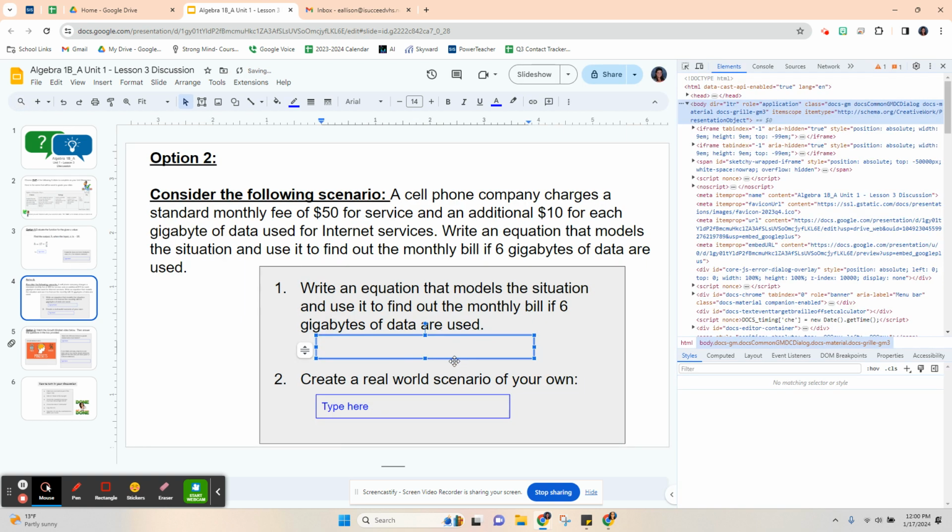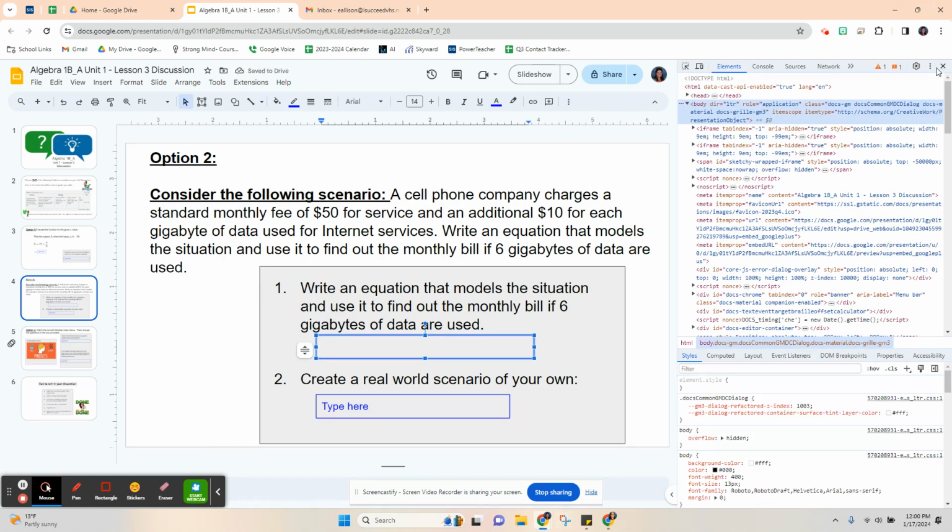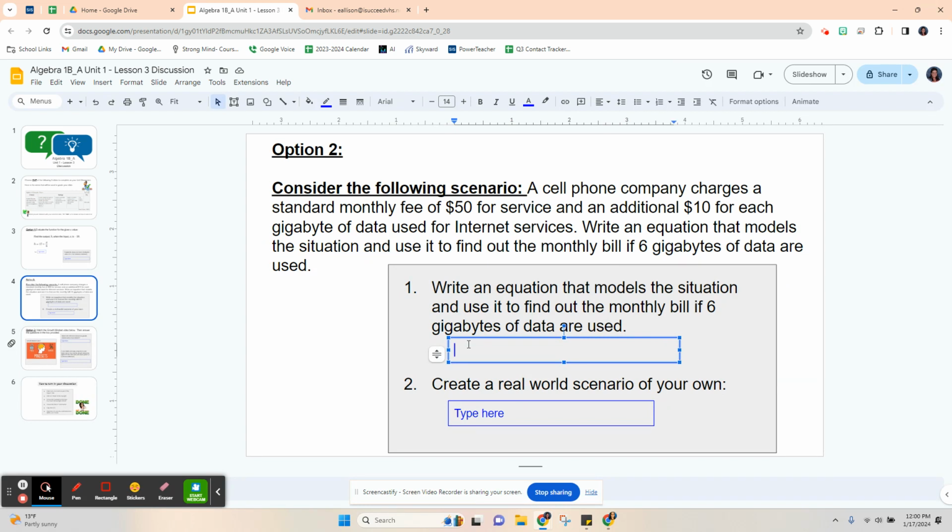Y equals $10 per gigabyte times 6 gigabytes plus that $50 for your service fee. Okay, 10 times 6 is 60. 60 plus 50 is going to give you 110.